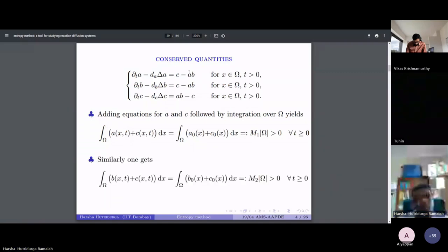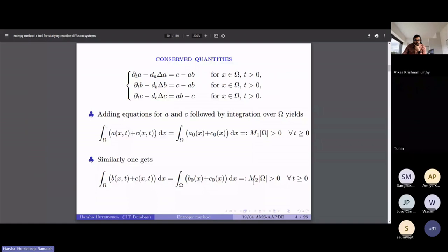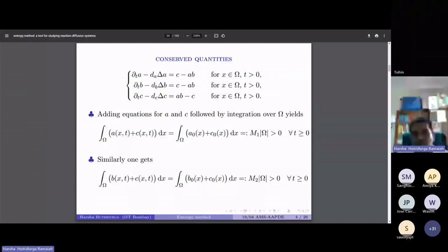Okay. Similarly, if you add the equation for B and C, you will find that the sum B plus C is again conserved when you integrate in the x variable for every time t. And now the average of B0 plus C0, you call it m2, okay, over the domain omega. So let us just keep these 2 constants in mind, m1 and m2.